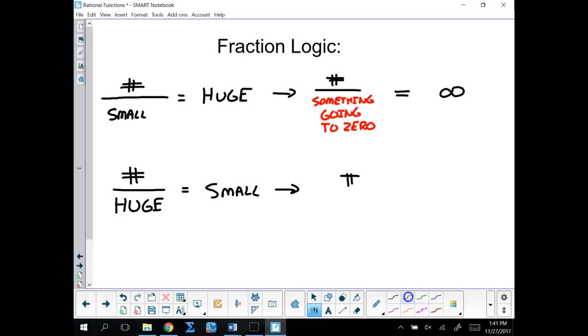So that's some number divided by something going to infinity is going to approach 0.